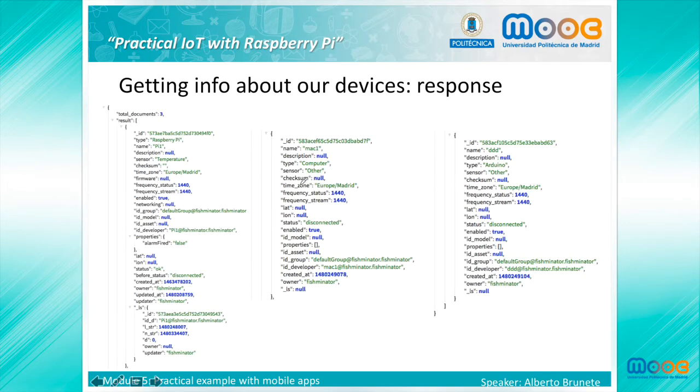There are three devices: P1, Mac1, and DDD. We are going to get information about the data stored in P1 using this URL.